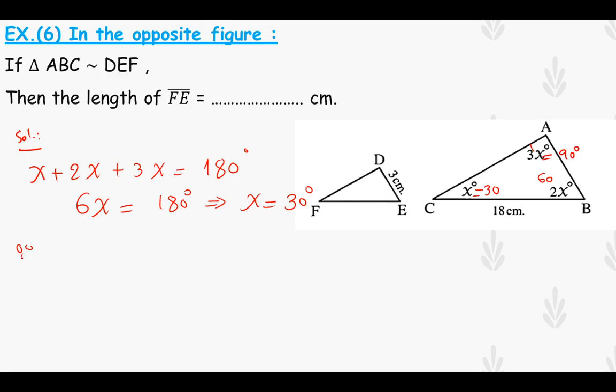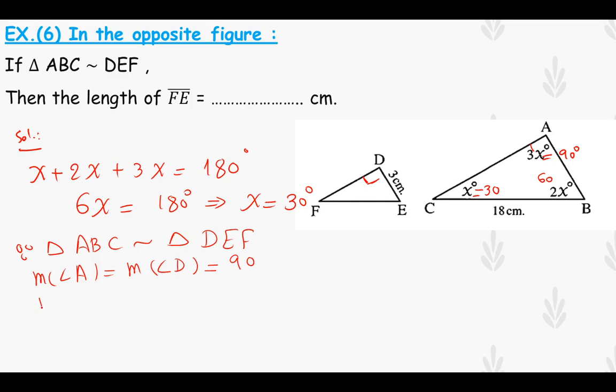Since triangle ABC is similar to triangle DEF, measure of angle A equals measure of angle D, which equals 90 degrees. So measure of angle D equals 90.